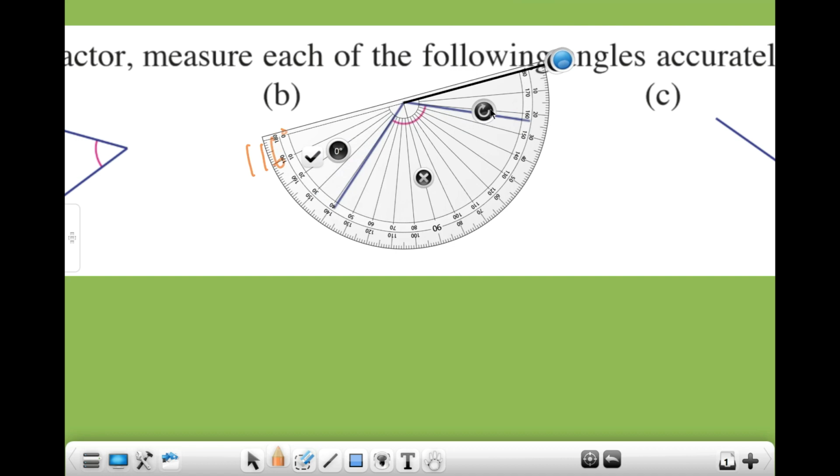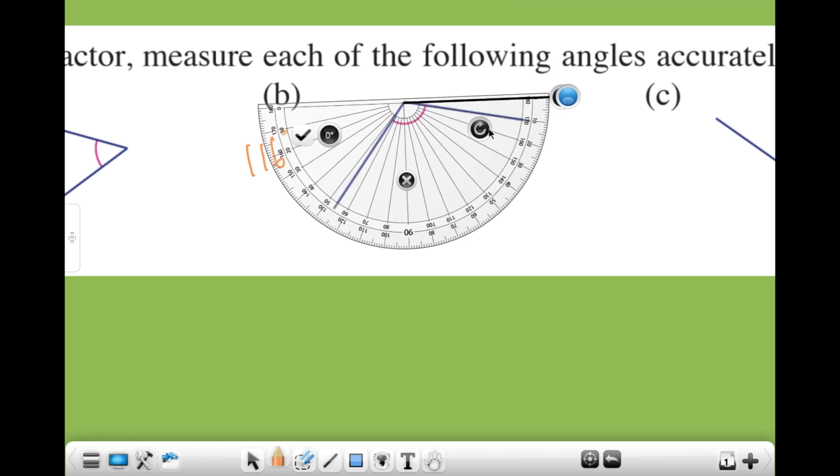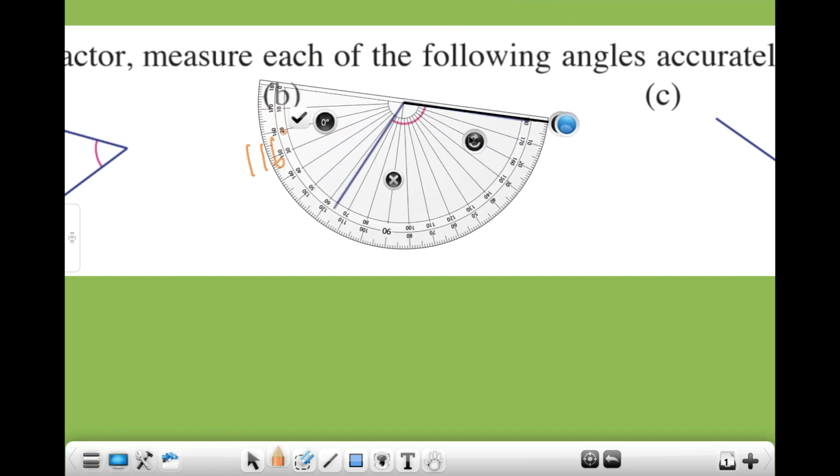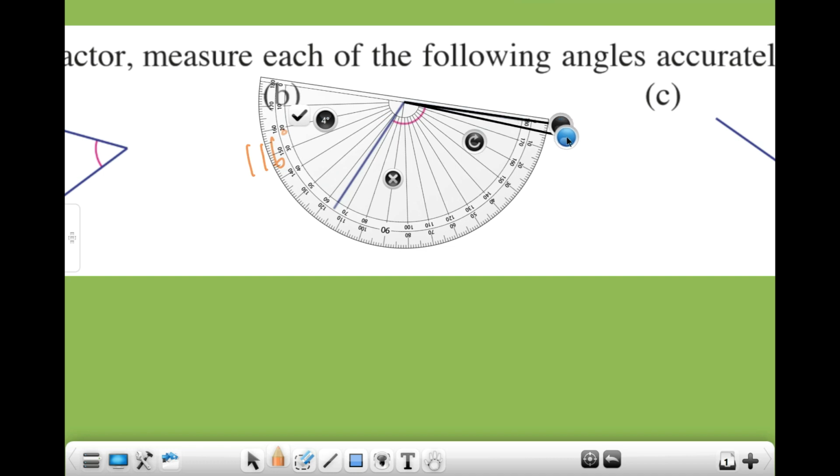Okay, I'm going to use the other side. This baseline right now. You got to make sure it is really accurate. Okay, this is the baseline right now. I'm going to read from here. You see, when you use the exterior angle, the reading will also be the same. Just now we used the interior angle, right? So I'm going to pull it over. Assume that this is your ruler because I can't see the reading from here accurately. I pull it until it's on top exactly the same as the line here on top.